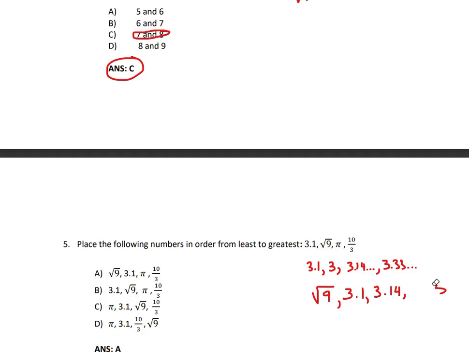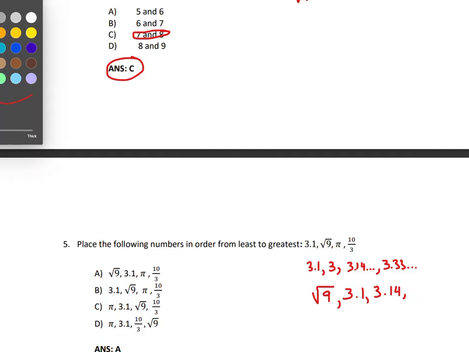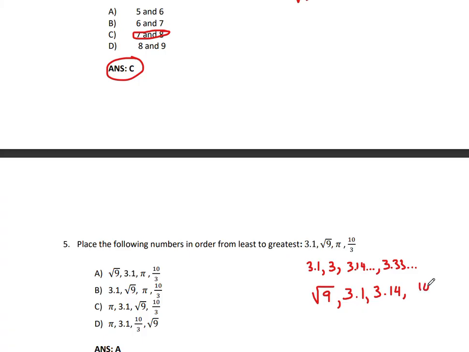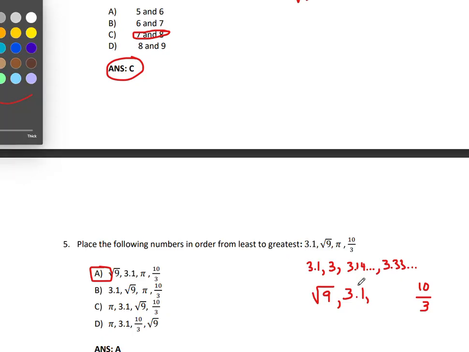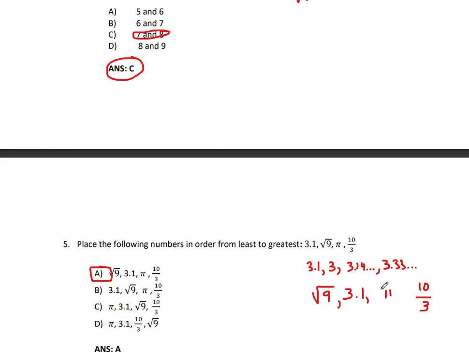So now we've ordered these values from the lowest to the highest. The answer is clearly going to be A. Remember, 3.14 is pi, so I could replace the 3.14 here with pi. So the full order is root 9, 3.1, pi, and then 10 divided by 3, from the lowest to the highest value. And so that's why A would be our result.